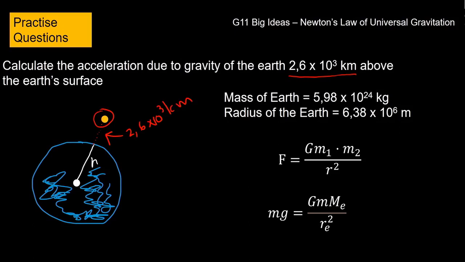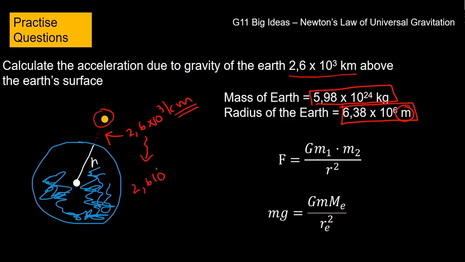The mass of Earth I have given you, that you will find on your data sheet. The radius of the Earth is also from the data sheet. But have a look here. We have got mass and we have meters, and we've got kilometers. So that needs to ring a bell in your mind, and we need to convert that to meters.